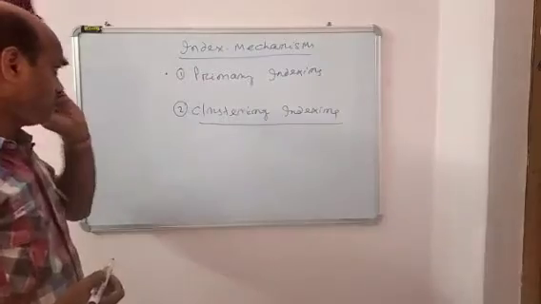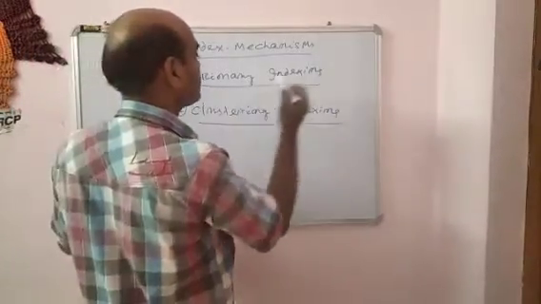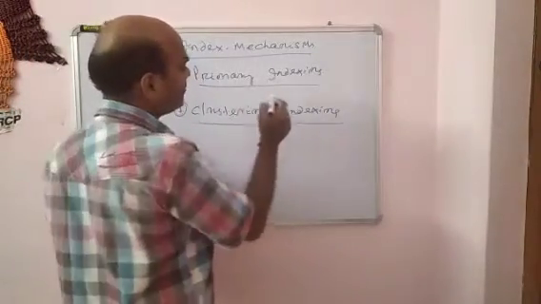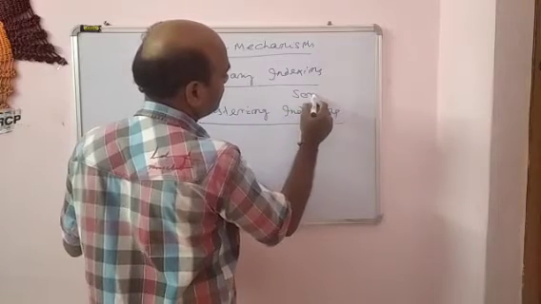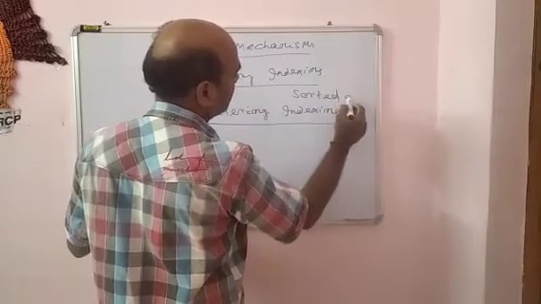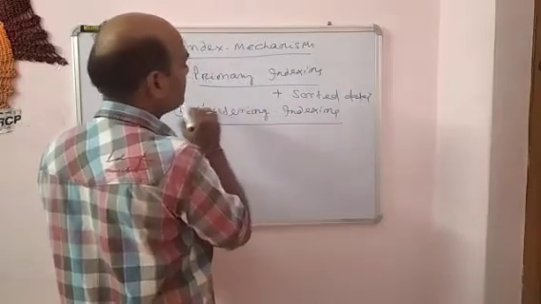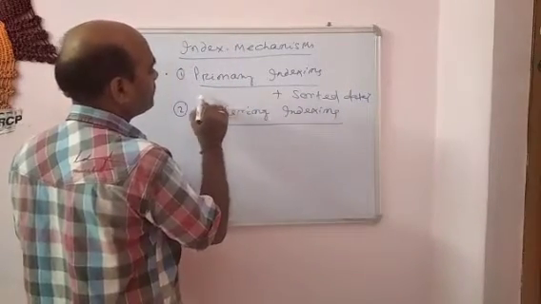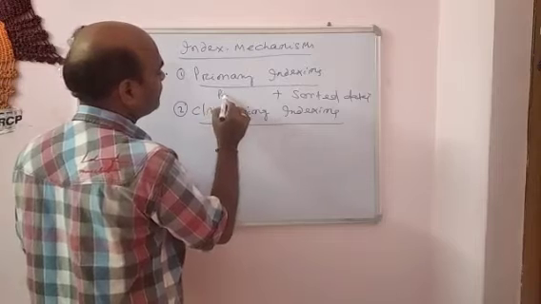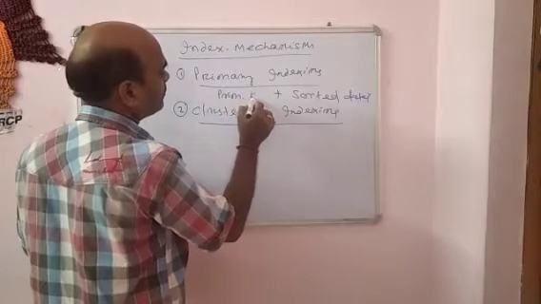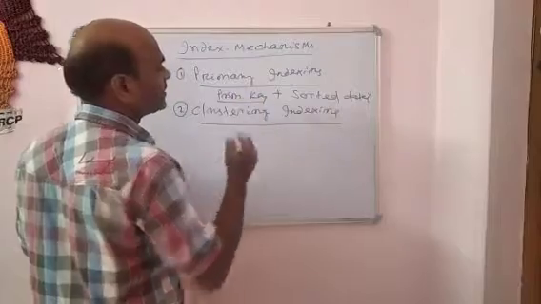So in primary indexing, what happens? The data file was sorted, and the primary key was used for the index file.